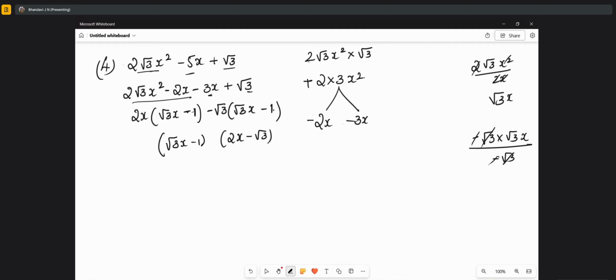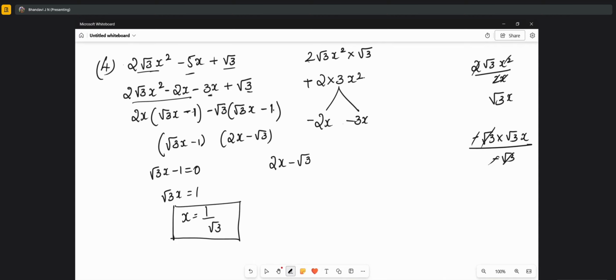So root 3x minus 1 is equal to 0, root 3x is equal to 1, x is equal to 1 by root 3. Next, 2x minus root 3 is equal to 0. 2x is equal to root 3 and x is equal to root 3 by 2.